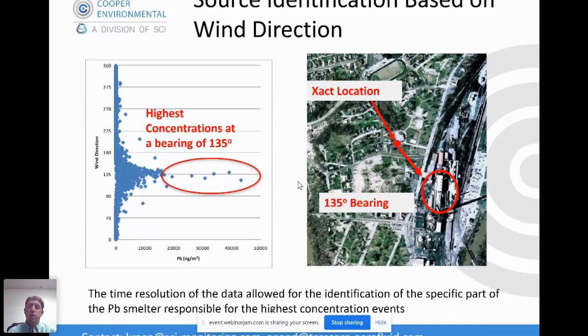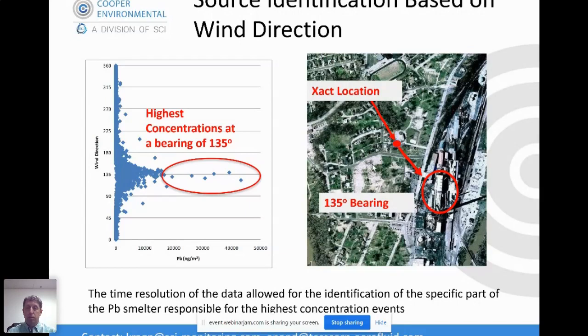In this case, the Xact, again, is sampling on the fence line of a primary lead smelter, which is located here. The Xact was sampling here. And then what you see on this graph is the lead concentration plotted versus the wind direction here in degrees. And what you can see is that your highest concentrations are occurring at a bearing of 135 degrees, which corresponds to right here on the plant site.